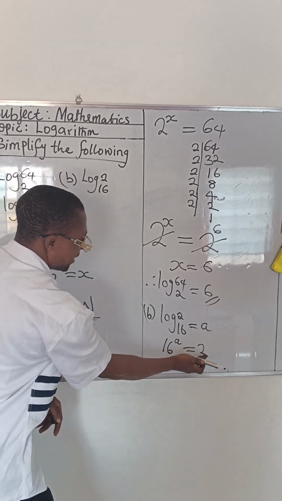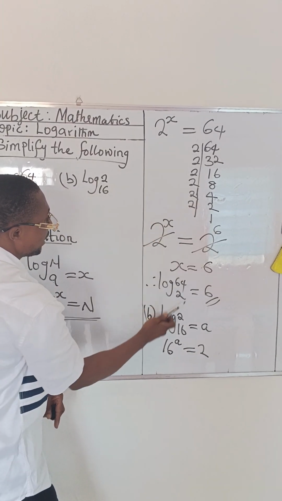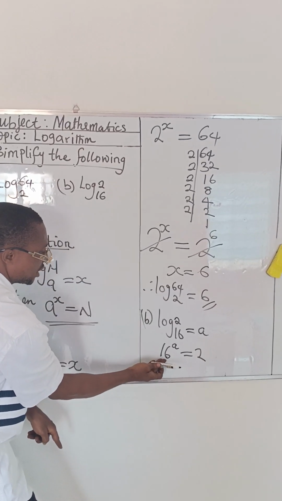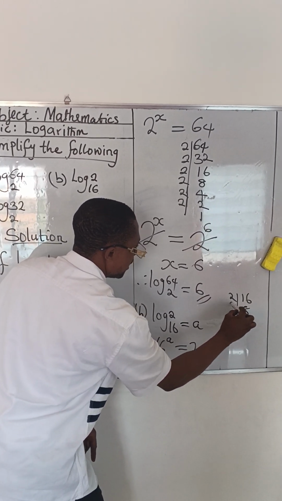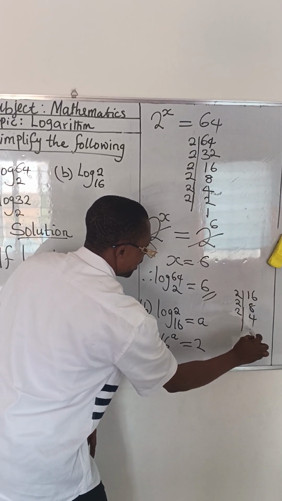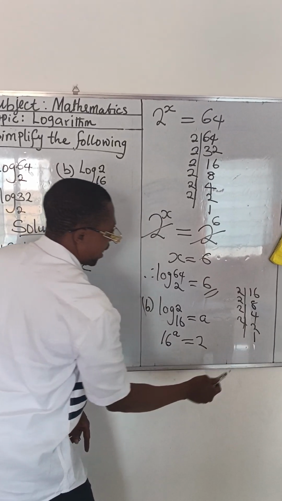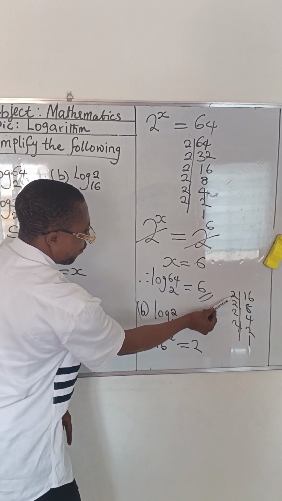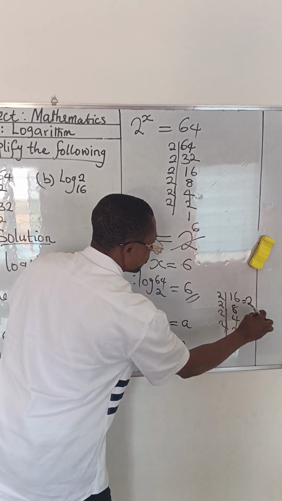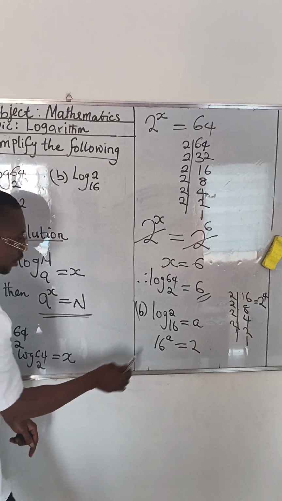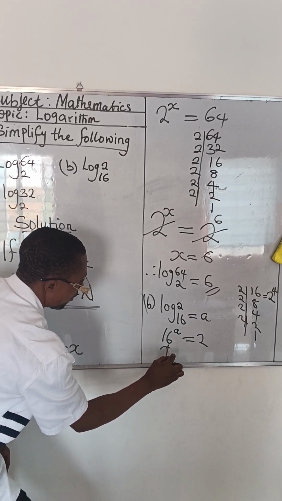So now we are going to do the same thing we did here, the index of 16: if you put 16 here, 2 here, 8, 2 here, 4, 2 here, 2, 2 here, 1. How many 2s are here? 1, 2, 3, 4. It simply means that 16 is equal to 2 to the power of 4.